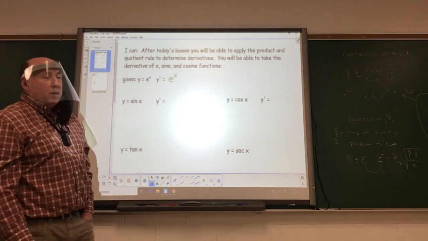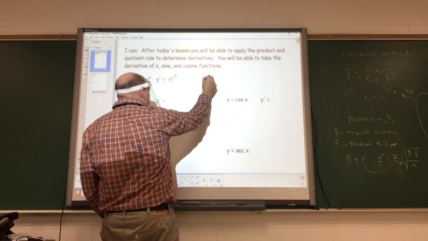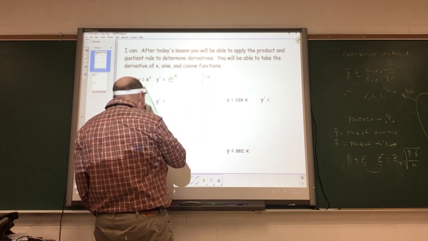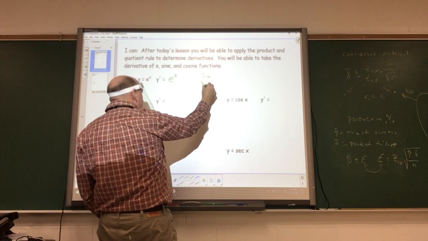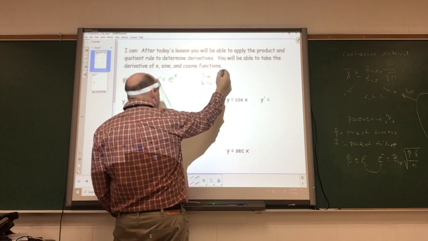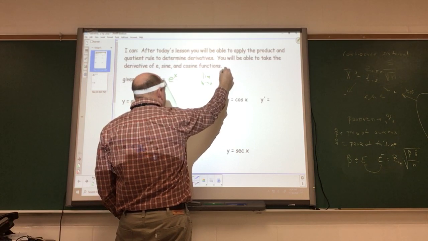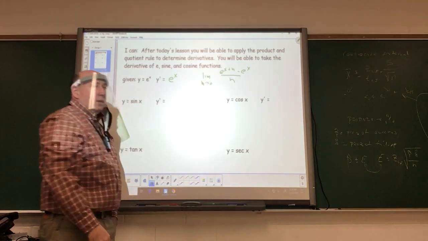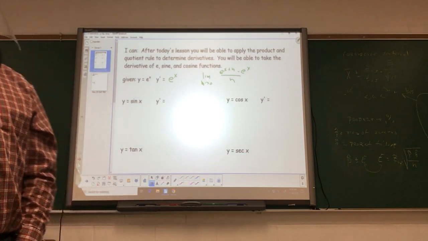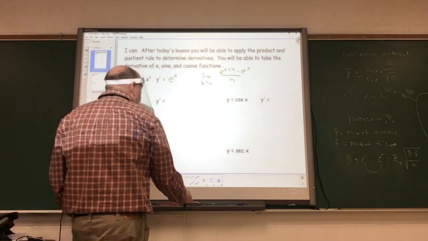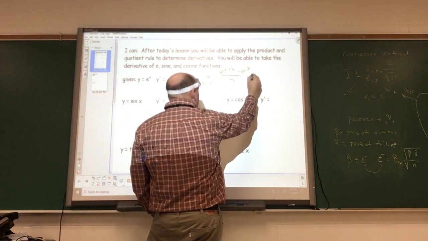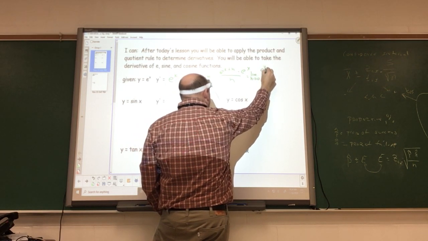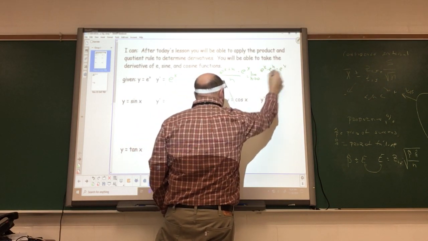E to the x. And what we had to utilize is the limit as h is approaching 0 of f of x plus h. So we had e to the x plus h minus e to the x all over h. And we had to break apart e to the x plus h into e to the x times e to the h minus e to the x all over h.